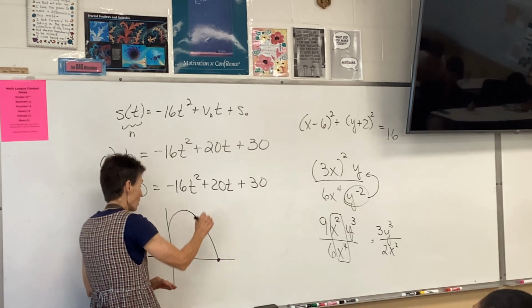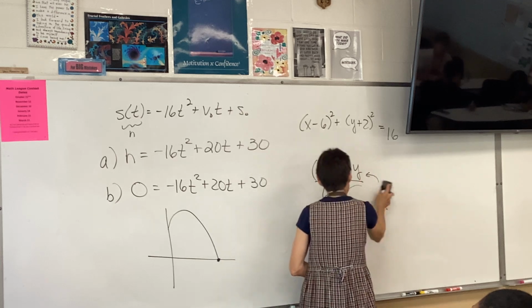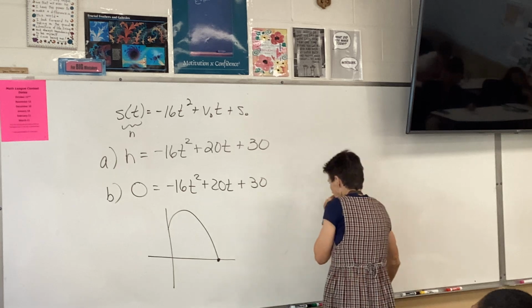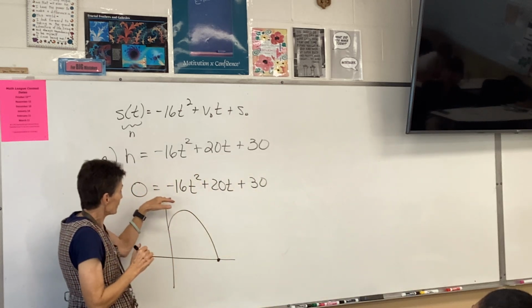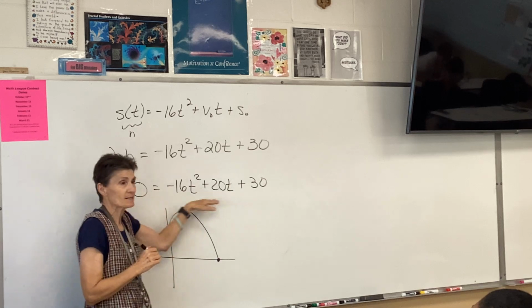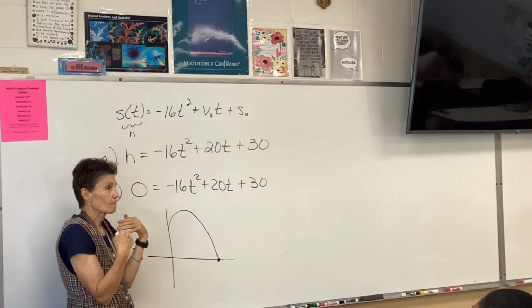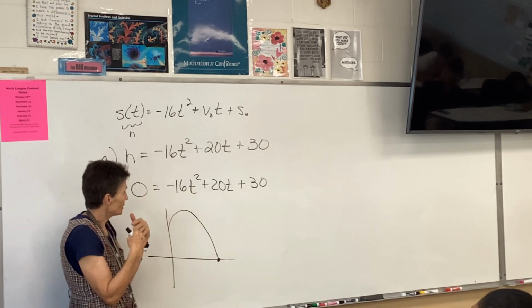If you want to solve that by hand, which for some of you is going to be the safest, you can simplify this equation if you wish. You don't need to. When I say simplify, what could I divide by?